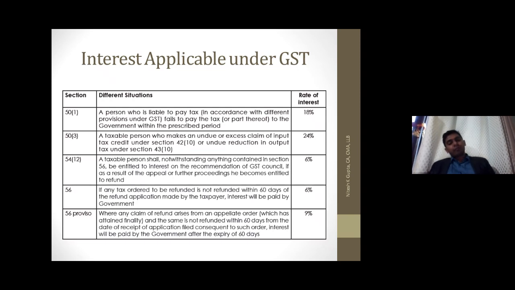Now, if there is any refund order issued, but the refund is not credited within 60 days, then interest at the rate of 6% will be paid. If due to an appeal, a refund is granted and that refund is not given within 60 days, then 9% interest would be applicable.